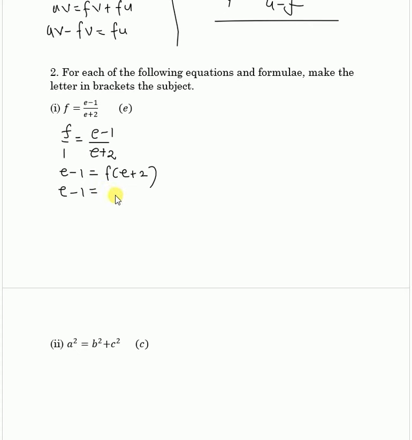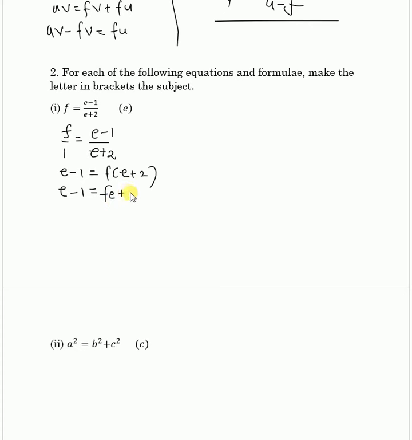We shall have to open the brackets there. This one is now fe plus f times 2. For the first one we have written fe, but here we cannot say f2. When you have a number and a letter, you start with the number.